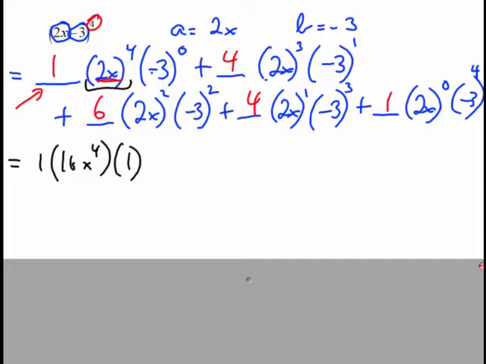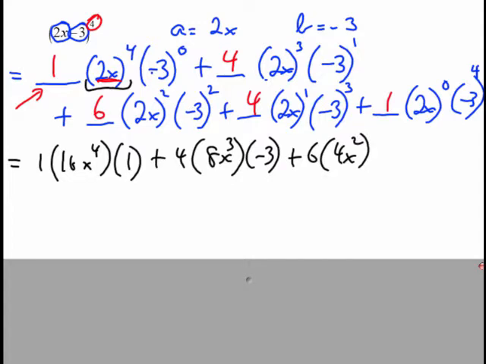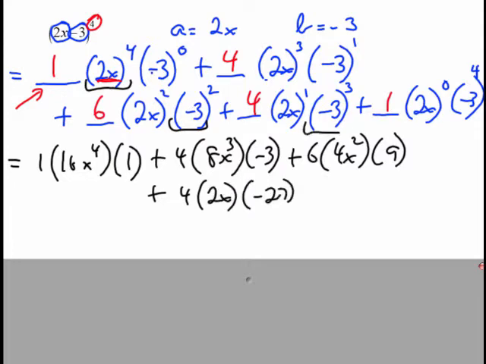Then we're going to have 4, 8x cubed times negative 3, plus 6, 4x squared times 9, plus 4 times 2x times negative 27, plus 1, and negative 3 to the 4th will be positive 81.